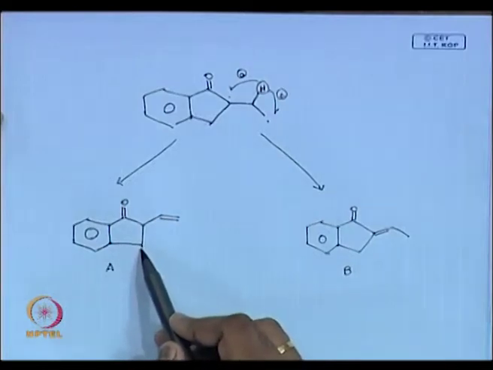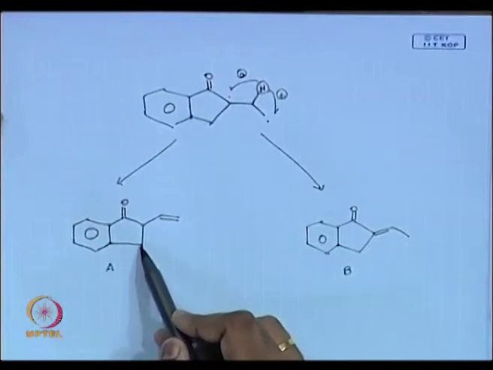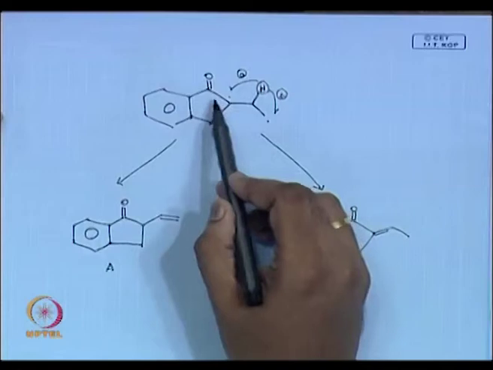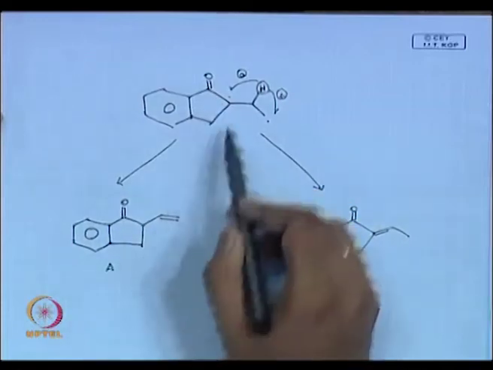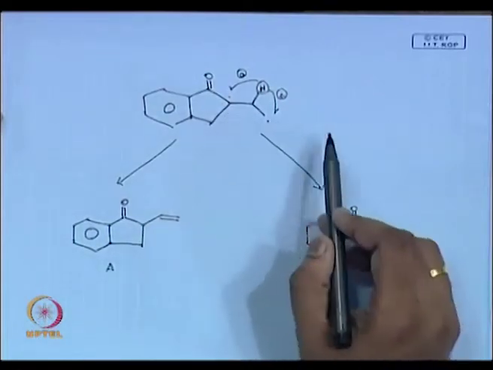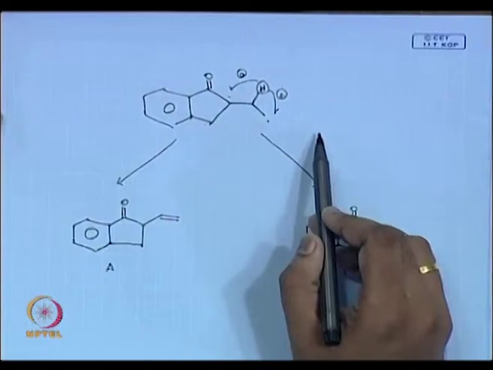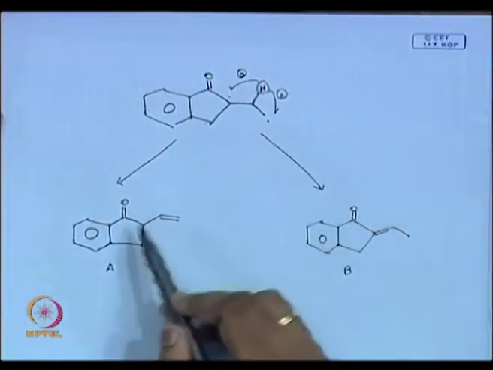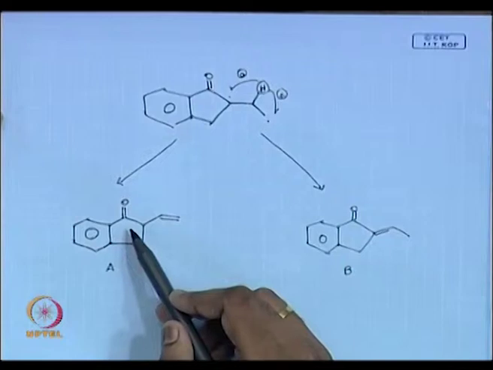You want to abstract this hydrogen for what? Conjugation is extended to both rings. No, it does not happen from here most of the time, because it is just your alpha beta. In your first photochemical process you are getting only a 1,3 diradical. Why do you want to move your 1,3 diradical here?